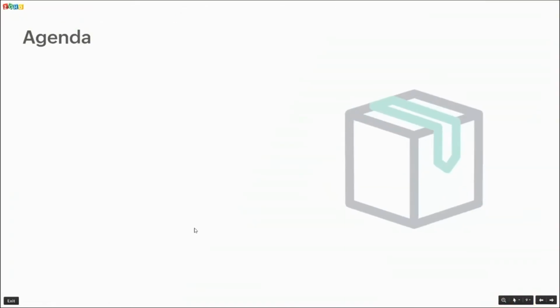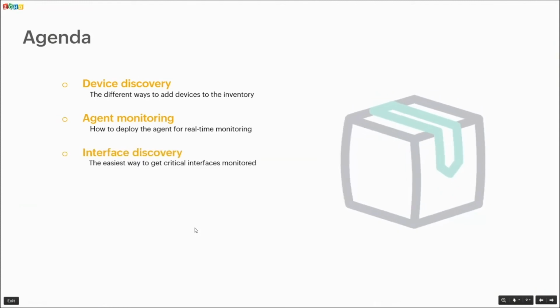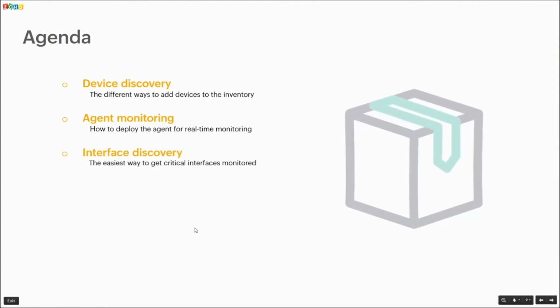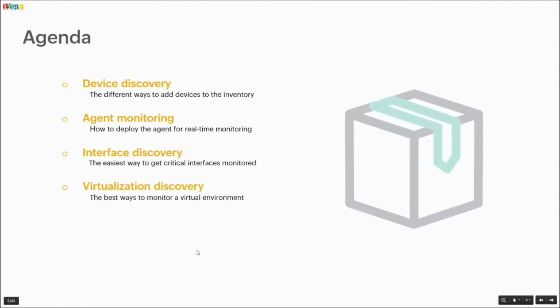The agenda for the webinar today: first, we'll see the various ways of adding and discovering devices into OpManager, followed by agent monitoring, where we'll see how to deploy the agents for real-time monitoring, followed by interface discovery, the easiest way to get critical interfaces monitored in the precise and desired manner, followed by virtualization discovery, where we'll discuss the best way to monitor your virtual environment using OpManager.